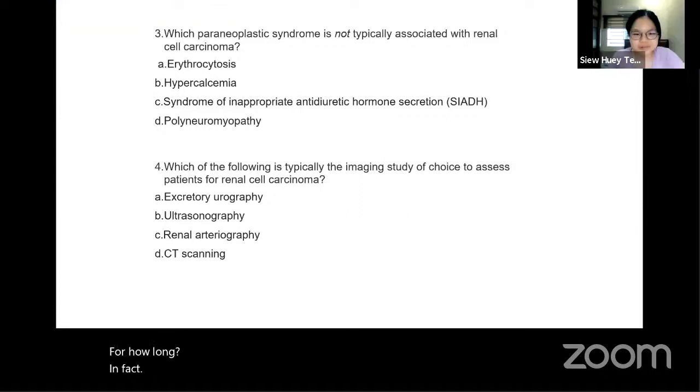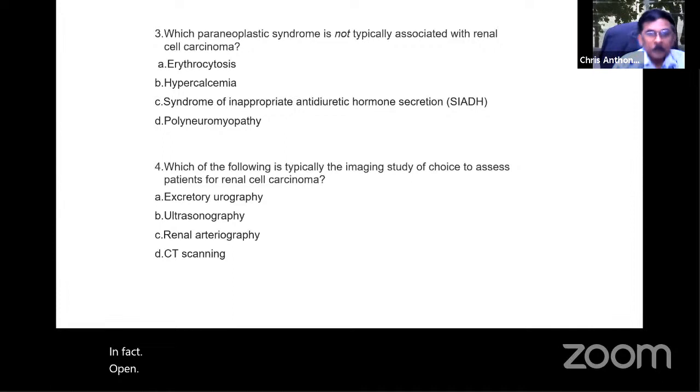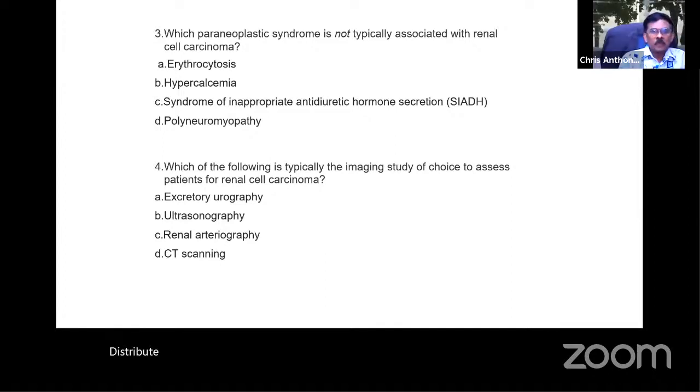Question. Which paraneoplastic syndrome is not typically associated with renal cell carcinoma? C, doctor. C. Anybody disagree? In fact, all of them also can be associated, but it's not typical. That means it does not commonly occur.